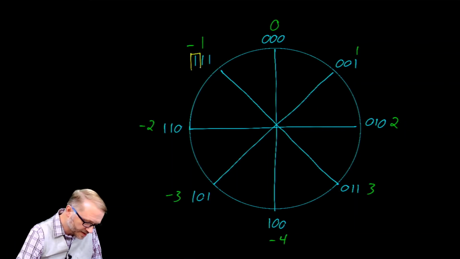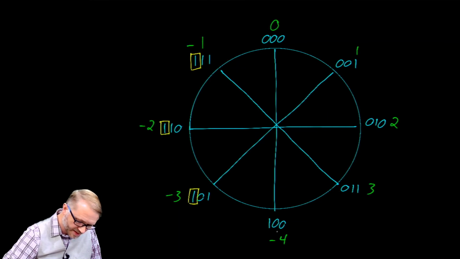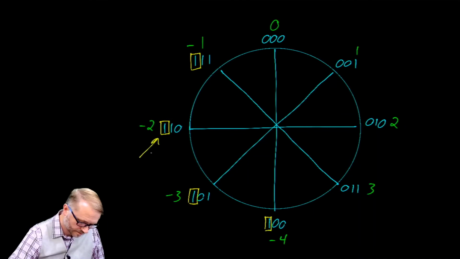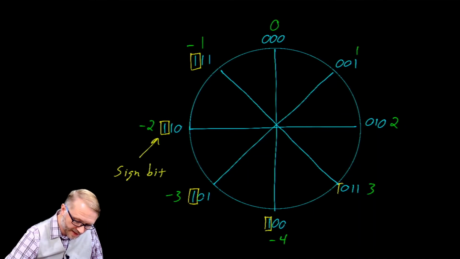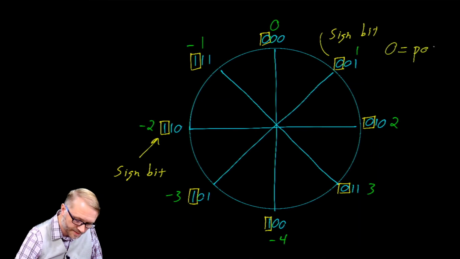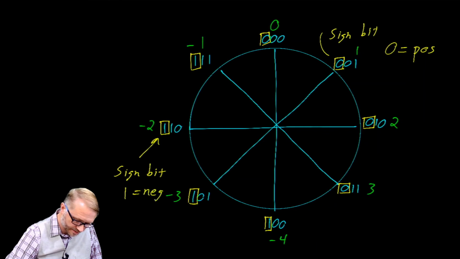Once again, we'll assume this first bit is the sign bit. And if it is a 1, that number will be negative. That implies that this bit here is also a sign bit, where a 0 implies positive and a 1 implies negative.